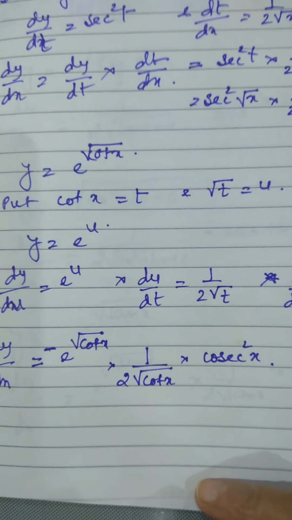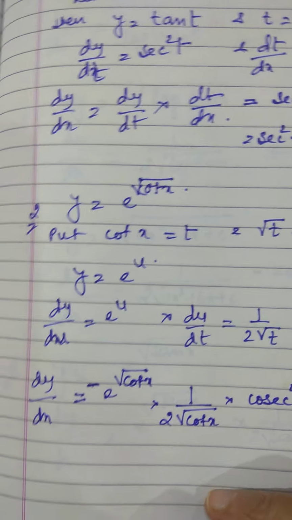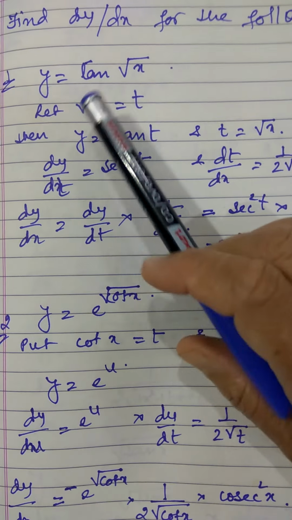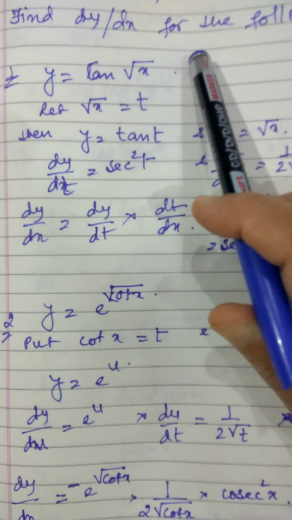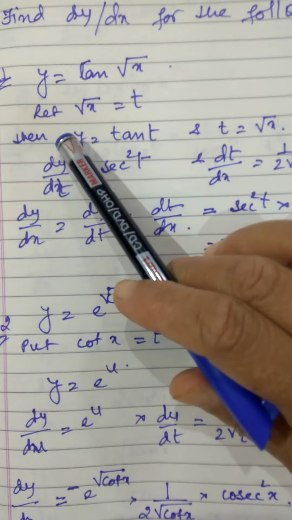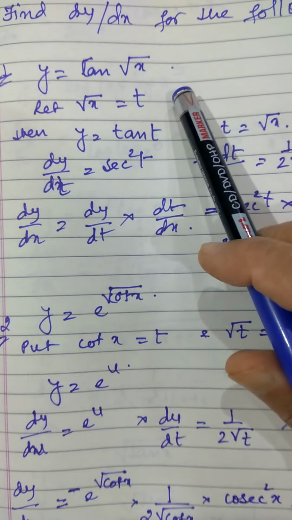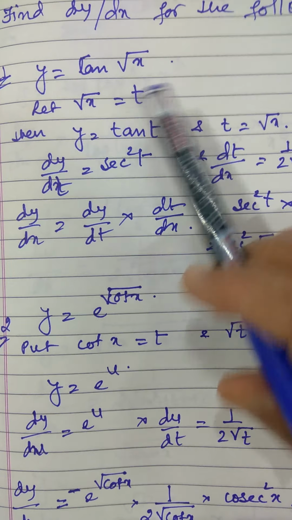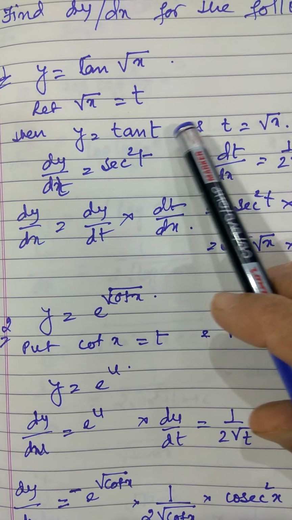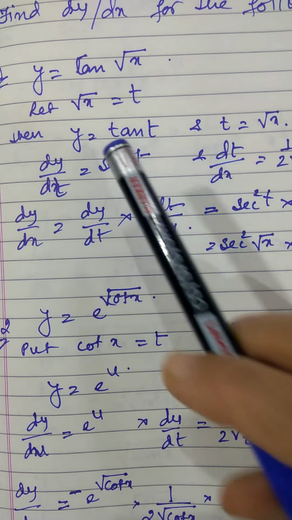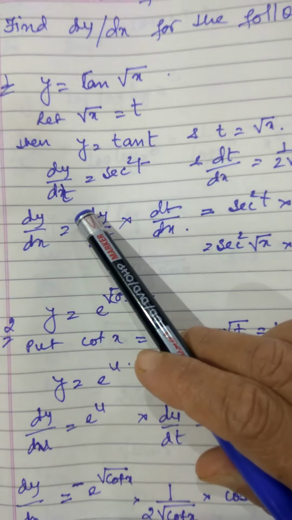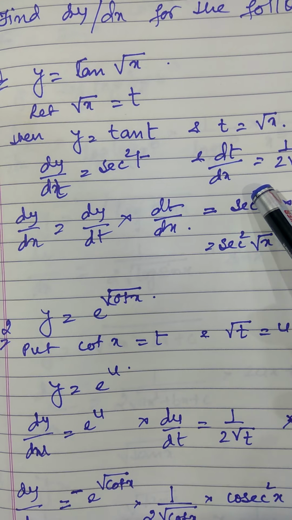Let's do a few problems based on chain rule. Let y is equal to tan root x. So we put root x equal to t. Then y becomes tan t and t is root x. First we find dy by dt and then dt by dx.